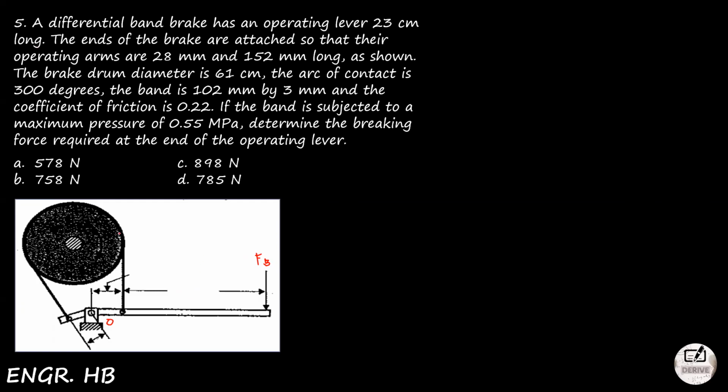So ang sabi, operating lever of 23 cm long. The ends of the brake are attached so that the operating arms is 28. So lagi yan, ito yung maiksi. 28 mm and 152 millimeters. So this is 152 millimeter, not meters.